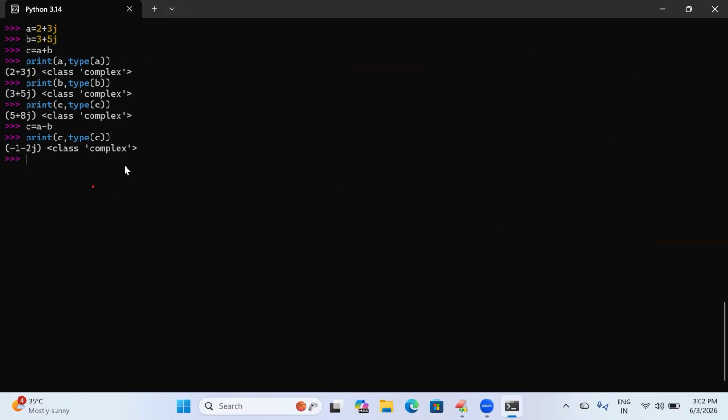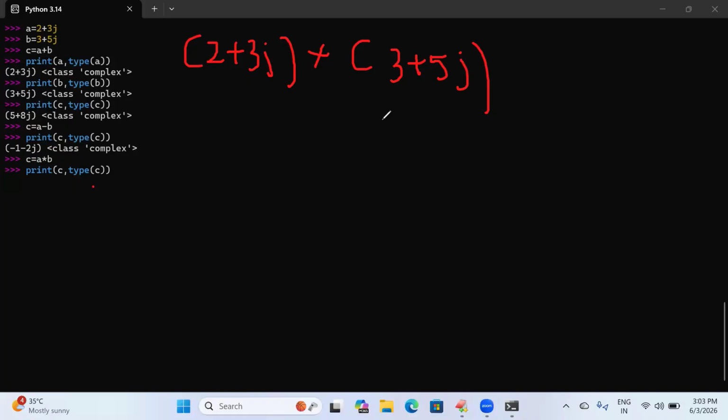Now we will try to do the multiplication of two complex numbers. So I'm defining here the multiplication, and I'm trying to print the C value. Before printing the C value, we are trying to do this in the manual way. 2 plus 3j into 3 plus 5j. So here we have to multiply each and every value with each and every part.